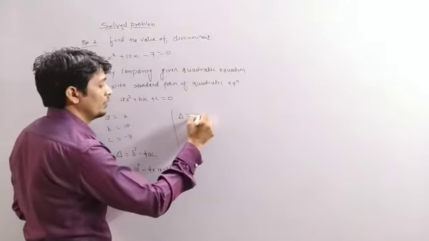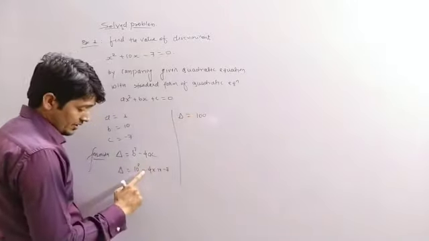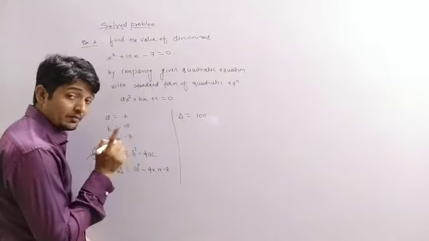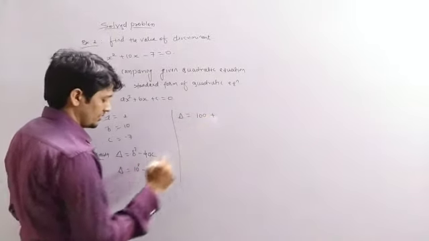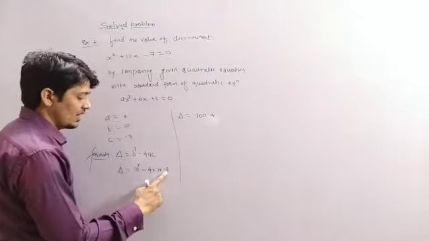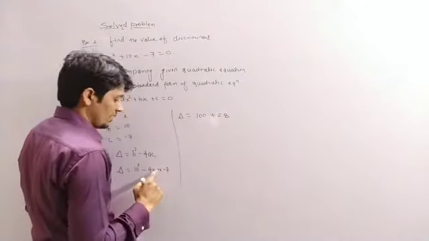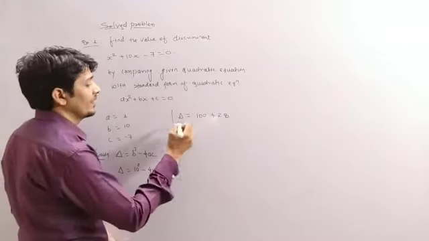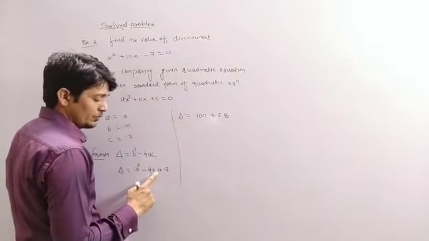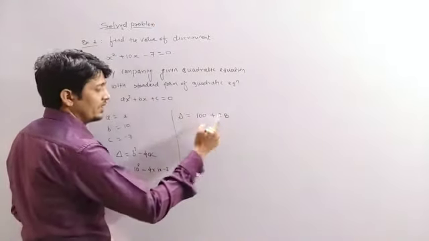So delta equals to, what is the square of 10? 100. So we have to write 100. See, minus into minus will become plus. So we have to write plus 4 into 1 is 4, 4 7s are 28.